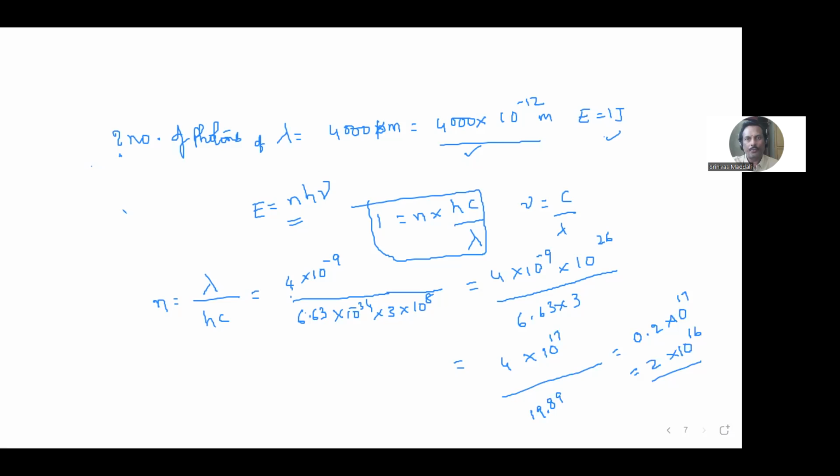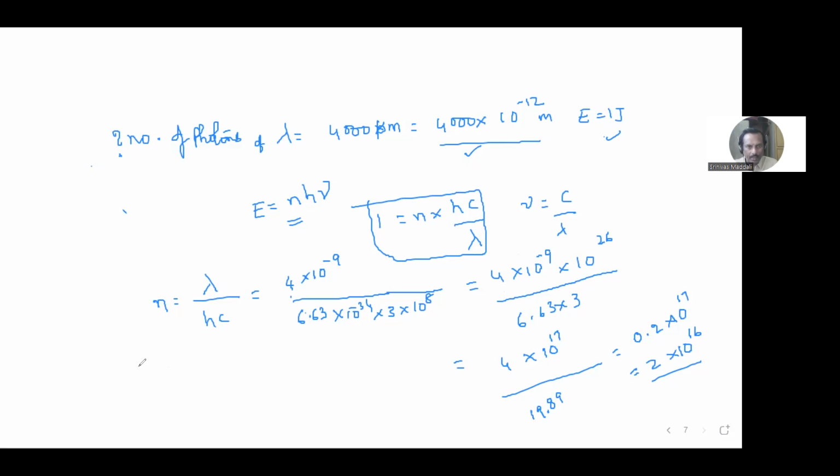So once you know the frequency, you can easily find out the wavelength, wave number also. Once you know hc by lambda, the wavelength we have already taken. So the reciprocal of the wavelength will become what? That will become your wave number.